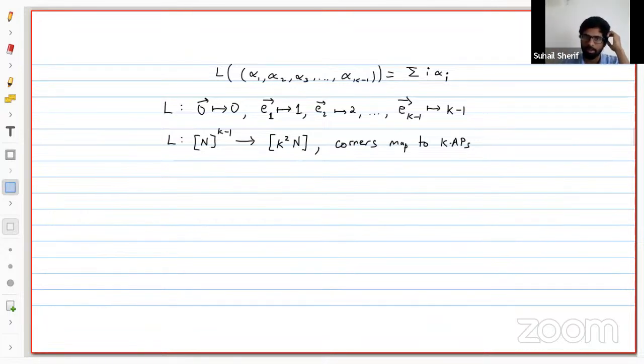And that's just because of linearity. Like the base shape over here, the base shape maps exactly to our K term arithmetic progression set. So for any scaling and translation, which is basically the set of corners, any corner is going to map to a K term arithmetic progression.